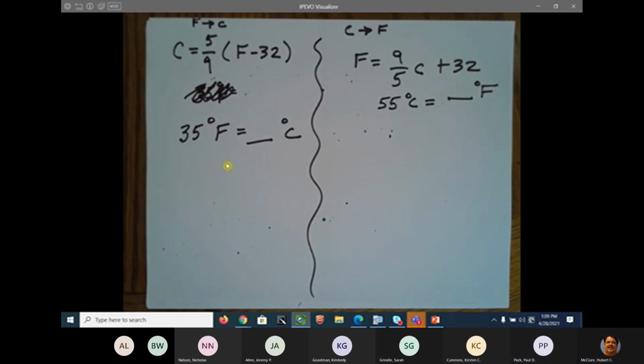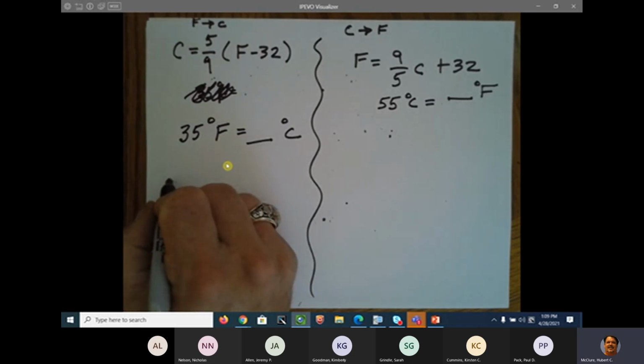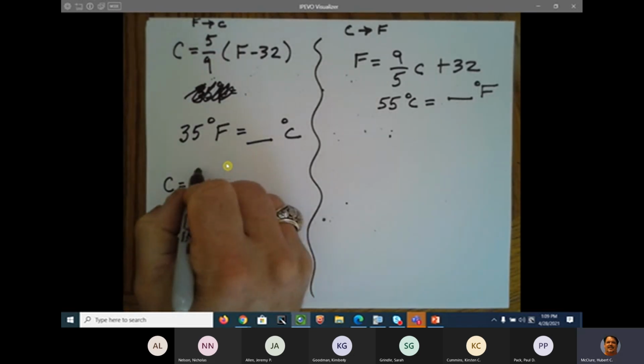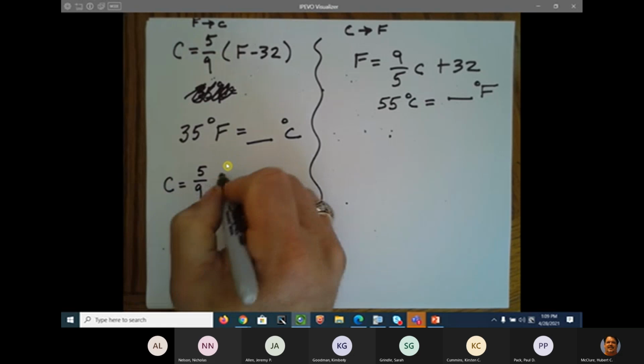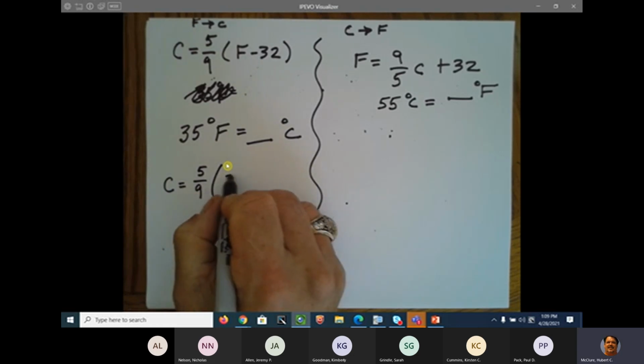Celsius. 35 degrees. So plug and chug. C is equal to 5/9, and plug in that 35.